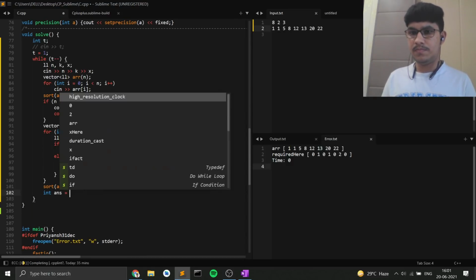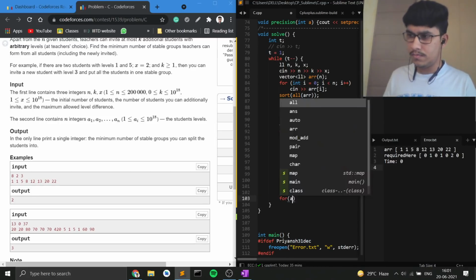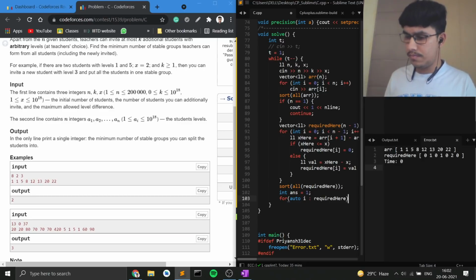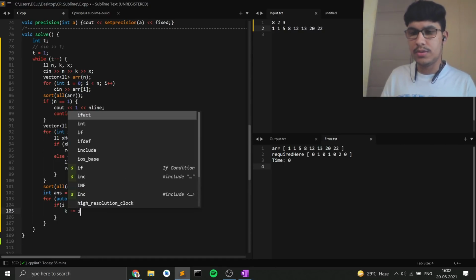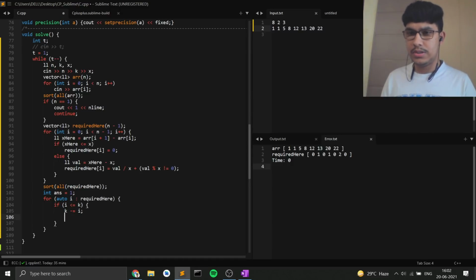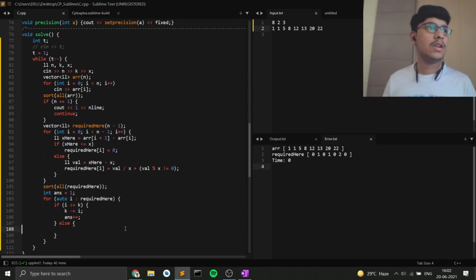So right, if i is less than or equal to k, then you do k minus equals i, and what else do? You do answer plus plus. Otherwise you will have to have those values, right? Answer minus minus.